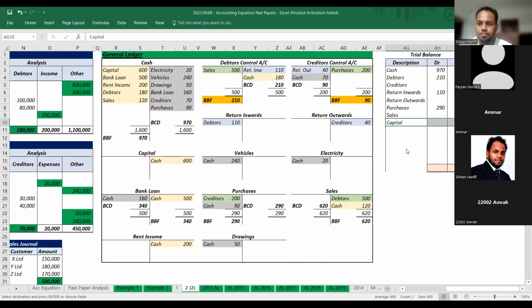Capital. Bank loan. Rent income. Rent income.